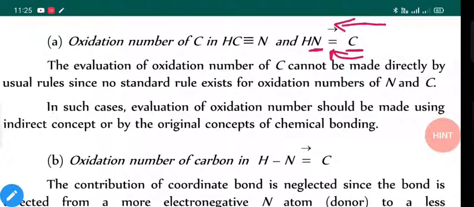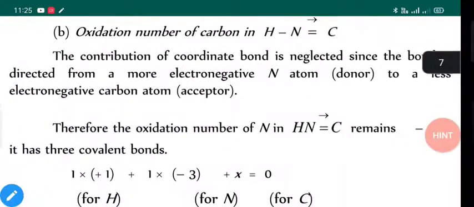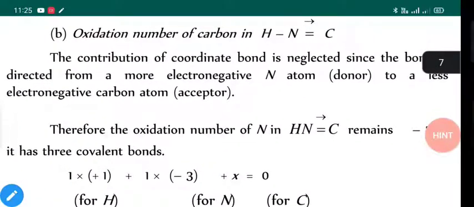So in this case, we have the second type of situation. That means the donor is more electronegative than the acceptor, so we will assume this bond as a normal bond, that is, a triple bond between carbon and nitrogen. So what will be the oxidation number of carbon in this case? As we discussed, when the donor is more electronegative than the acceptor, we ignore the coordinate covalent bond and treat it as a simple covalent bond.